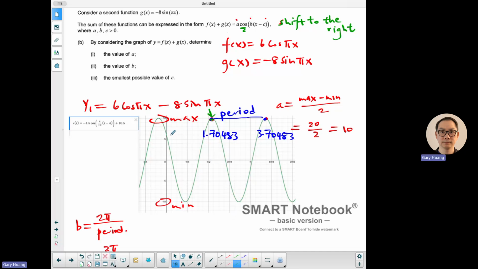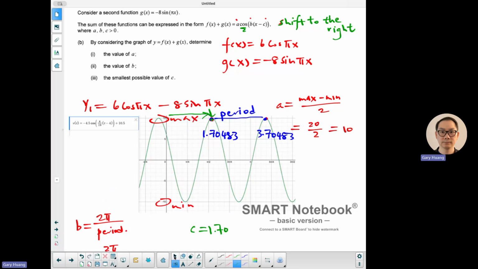That means I shift to the right by 1.70 if I round to 3 sig fig. So the c value is equal to 1.70, shifted to the right by this much.